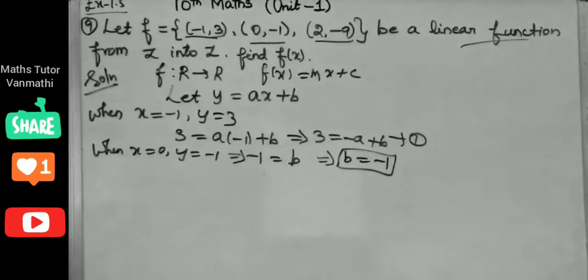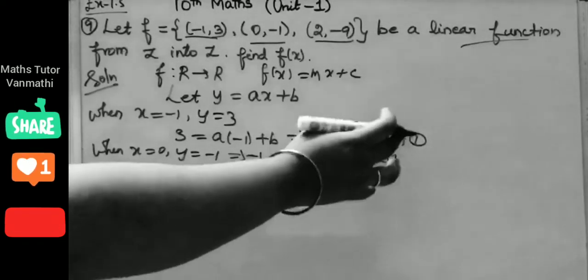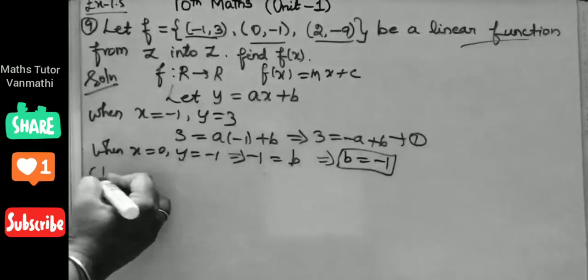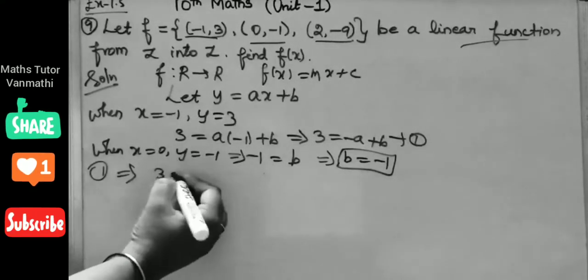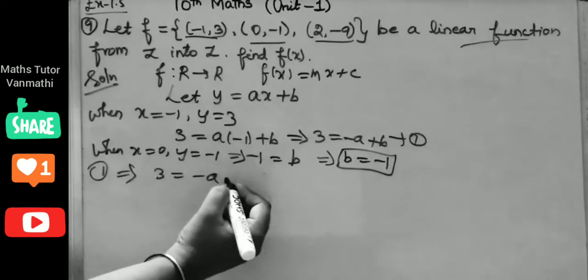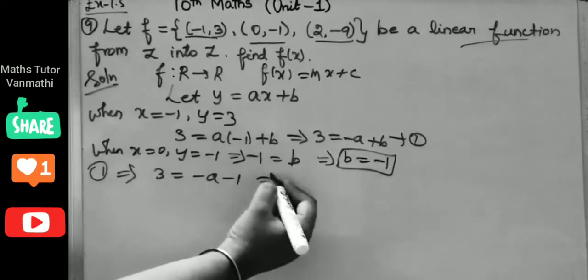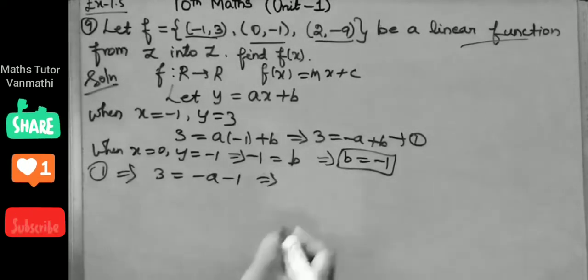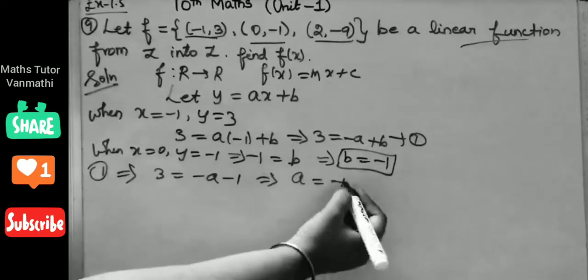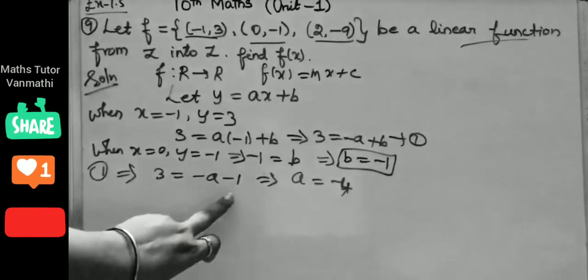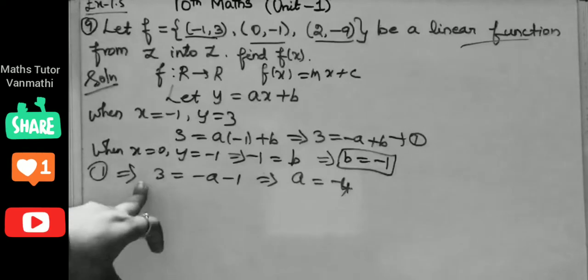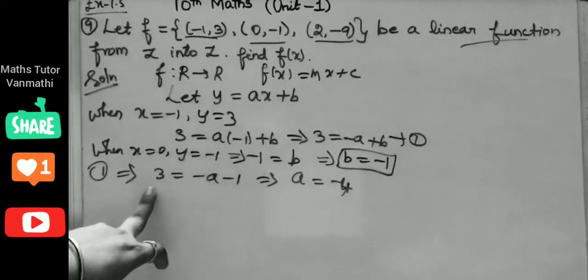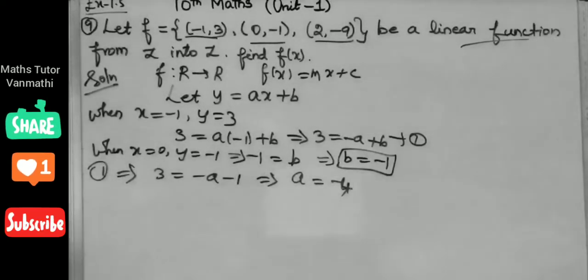Clear? Then substituting b is equal to minus 1 in equation 1, you get 3 is equal to minus a minus 1. This minus 1 will go to this side, you will get plus 1, 3 plus 1 is 4, minus a equal to plus 4, so a equal to minus 4.